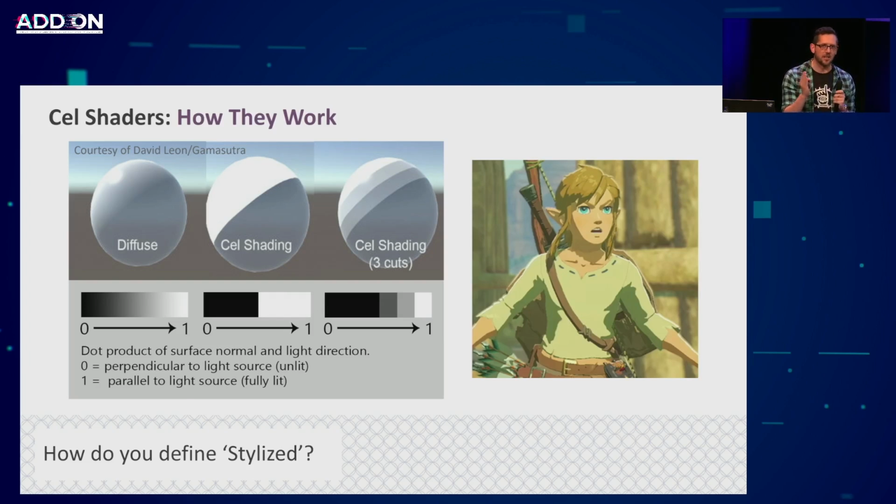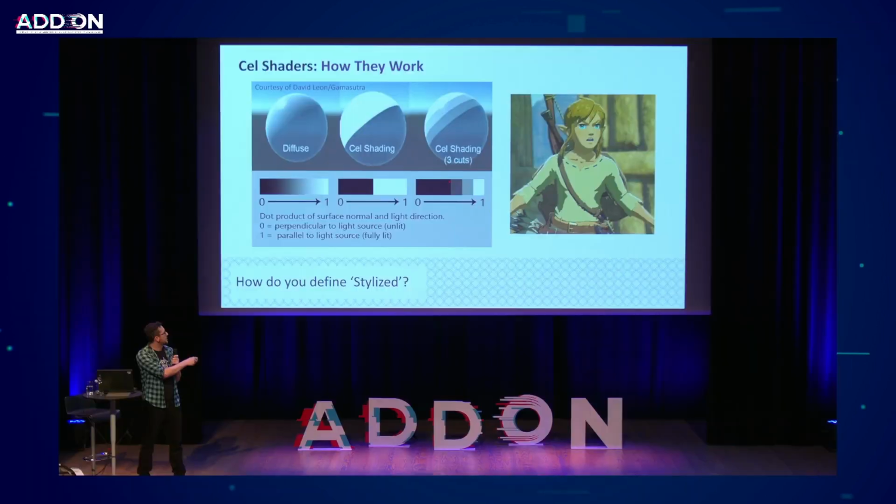Then you might put in two or three cuts, so you get a number of different values along that range. This is a classic example of that from Breath of the Wild. But my idea was to think about how these bandings don't have to be all of the same dimensions, and the actual edges between them can be softer or harder.